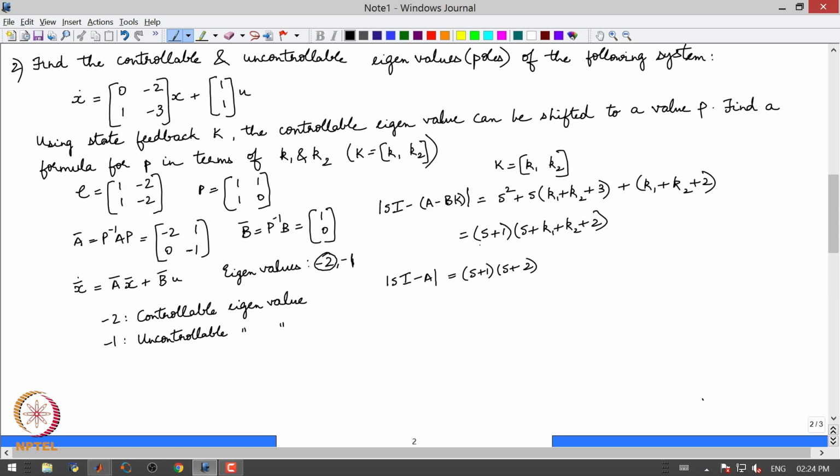Once I introduce state feedback, this s plus 1 still remains, but s plus 2 gets replaced by s plus k1 plus k2 plus 2, which means I can choose k1 and k2 such that I can place this minus 2 anywhere else I want. So, the formula for P will be k1 plus k2 plus 2. So, this is how you solve this problem.